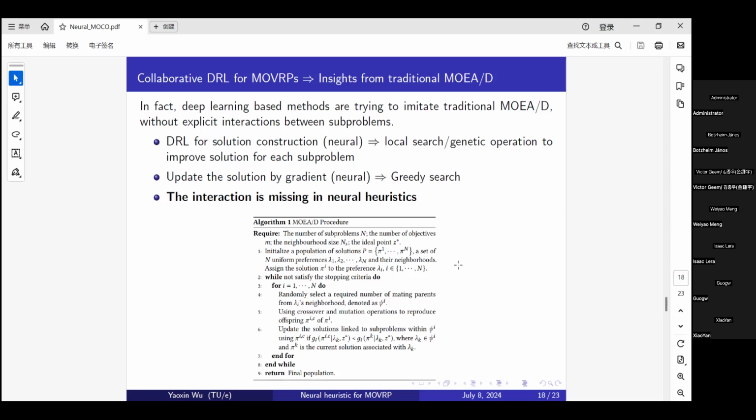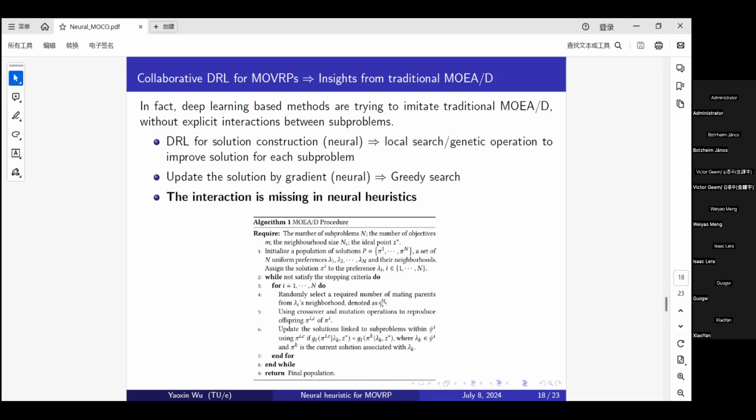For example, the traditional MOVRP methods often use some local search or genetic operator to evolve the solutions from different single objective vehicle routing problems. And if a better solution is found for a single objective VRP, then it will replace the previous solution.